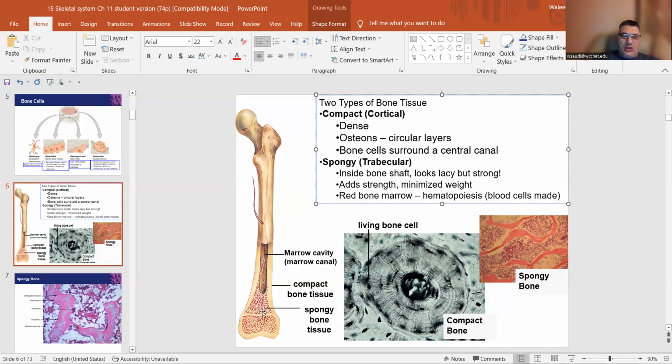But later on, we are going to store fats in this bone marrow, and instead of being red, it will become yellow. Yellow means not active. So if you're a child, everything will be red. As you grow, more and more of it will be yellow, occupied by the fat because you will need fewer cells later.